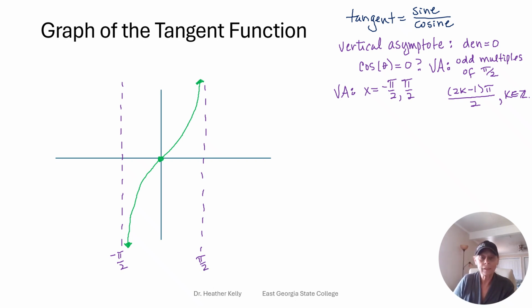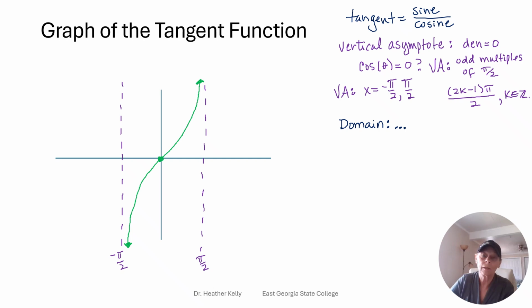Okay, now let's get some other details here. So what's the domain of the trig function? The domain of the trig function is all real numbers except for all those vertical asymptotes. So we can write it kind of in set notation.